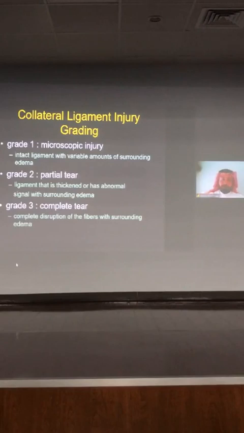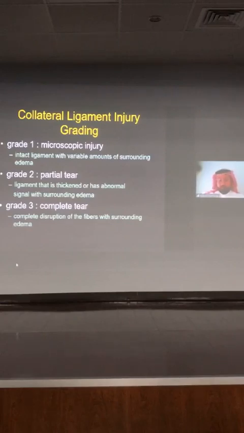There is grading of the ligament injury. Grade 1, which we call the microscopic injury, is when the ligament is intact and there's just surrounding edema around it. Grade 2 is the partial tear, where the ligament is thickened or has abnormal signal with surrounding edema. Grade 3 is a complete tear, when you actually see it wavy and disrupted.